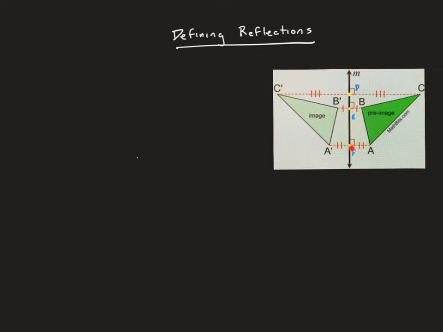E is going to be the midpoint of the line segment connecting B and B prime, and then D is going to be the midpoint of C and C prime. And you can see here by their congruency that this segment from C to point D is going to be the same as from C prime to point D.